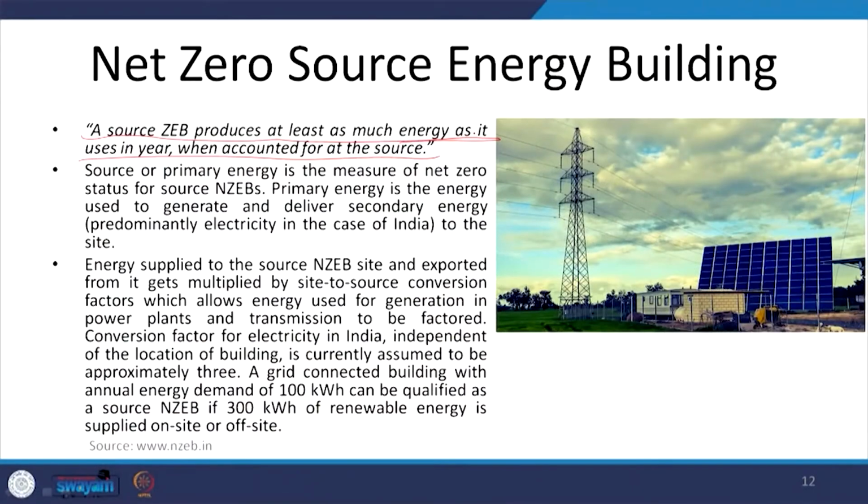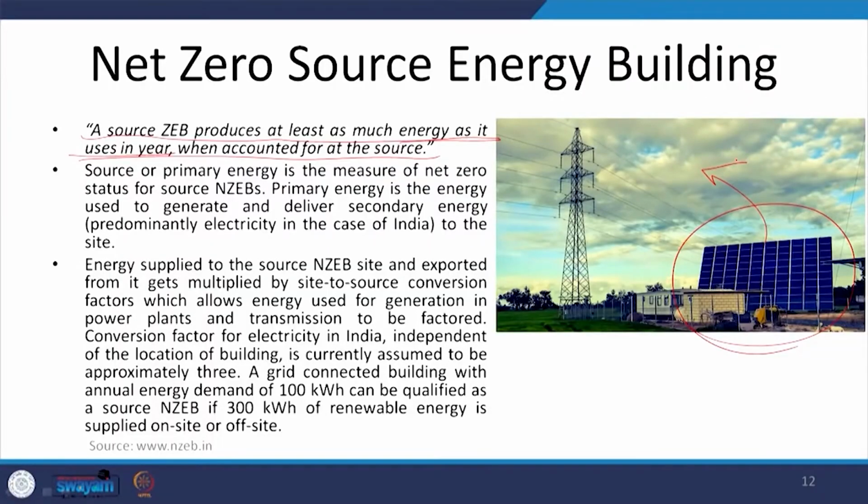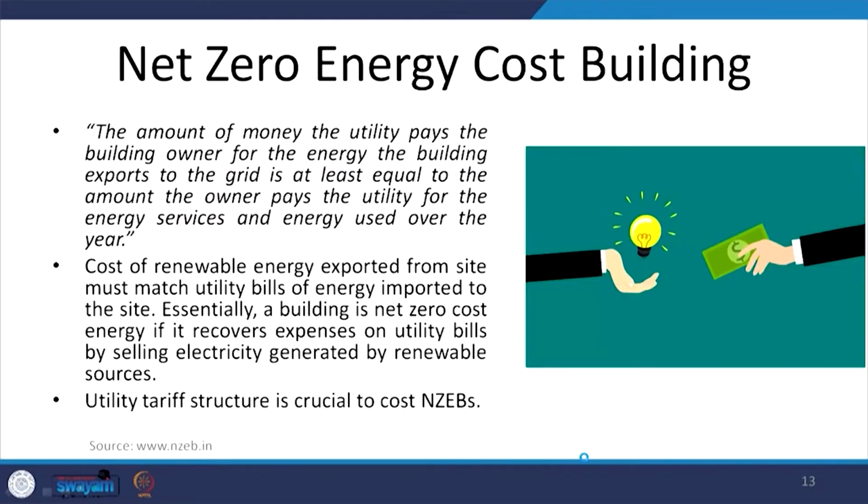It may draw energy from the grid at certain points of time, but if we calculate over the energy use in a year, it will produce the same amount of energy at the site, at the source itself. So, it will still draw energy during certain periods and certain seasons, while it will be giving back to the grid at certain other seasons and times of the year and times of the day. That is what net zero source energy building is.